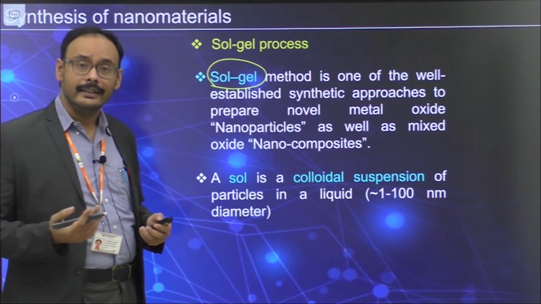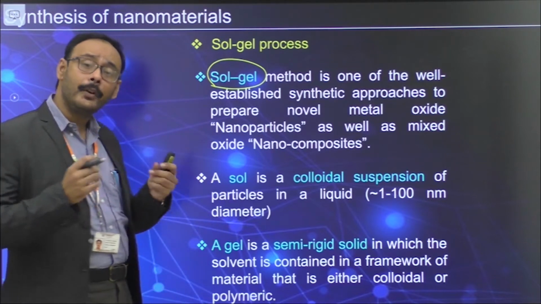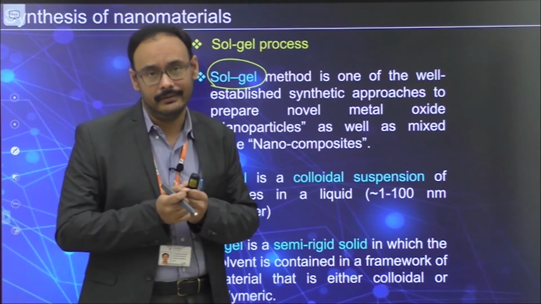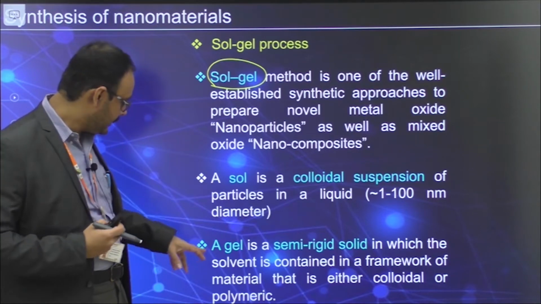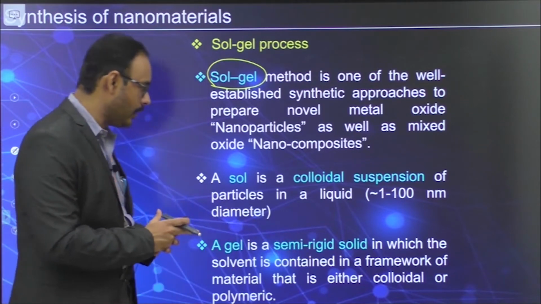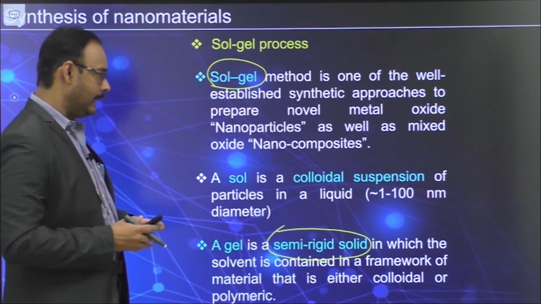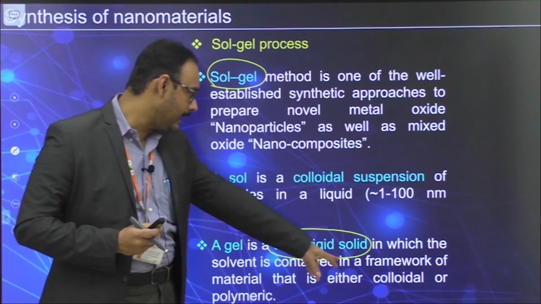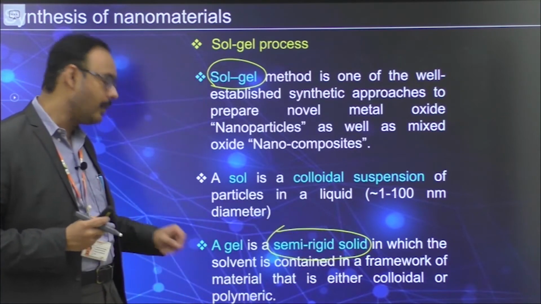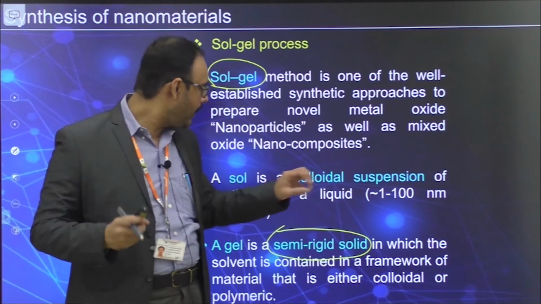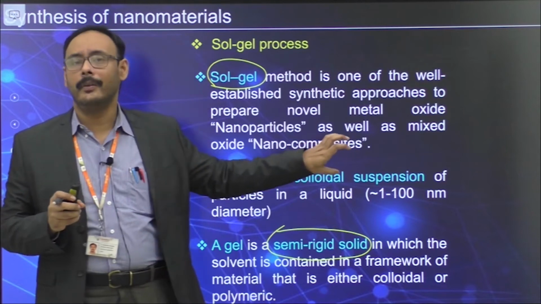What about gel? Once you make the colloidal suspension, there is a possibility that the particles can aggregate. Once they start aggregating, they may tend to form a gel. A gel is a semi-rigid solid in which the solvent is contained in a framework of material that is either colloidal or polymeric. That means you have very tiny particles in the sol form.